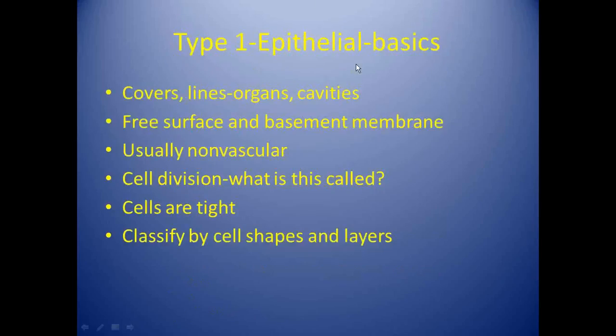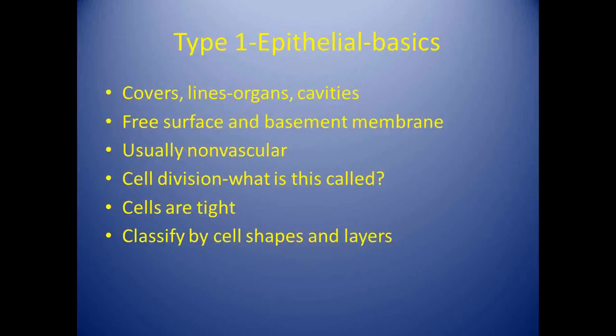So here's the first type of tissue, epithelial. If we just look at the basics of all the different types of epithelial tissue, they are there for covering and lining, especially major organs and lining cavities inside.